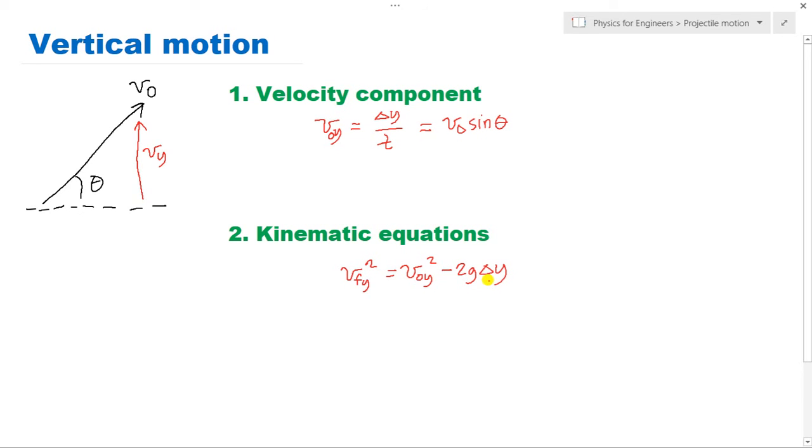So ito ha, nadiderive na natin to sa previous na mga topics. And recall class that V0y is just V0 sin theta. So therefore that is V0 sin theta squared minus 2g delta y. So ganun lang. Ito lang yung third kinematic equation natin.